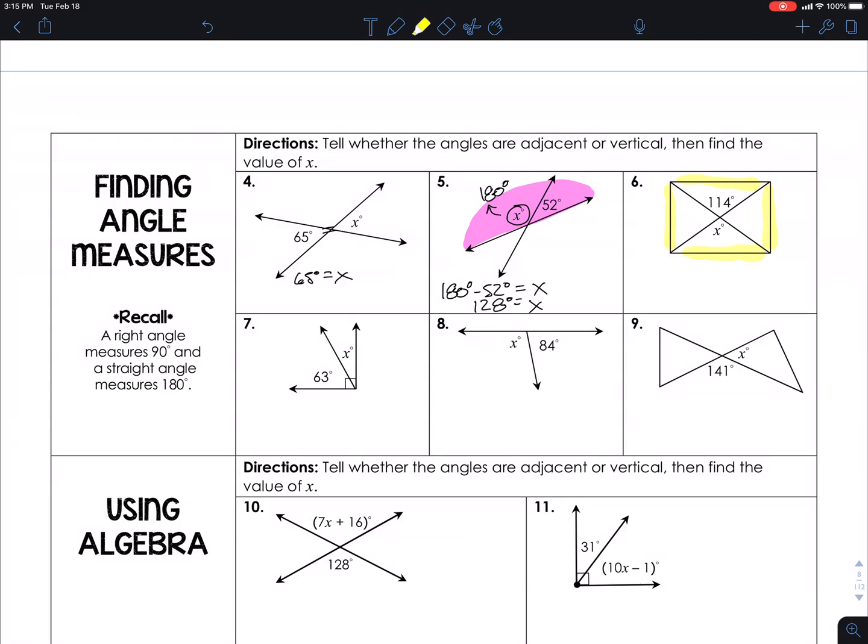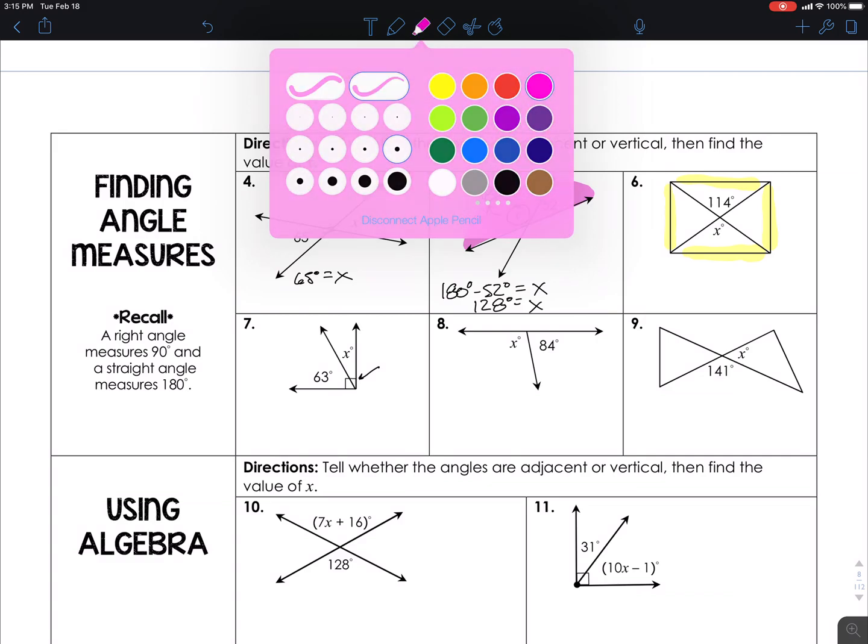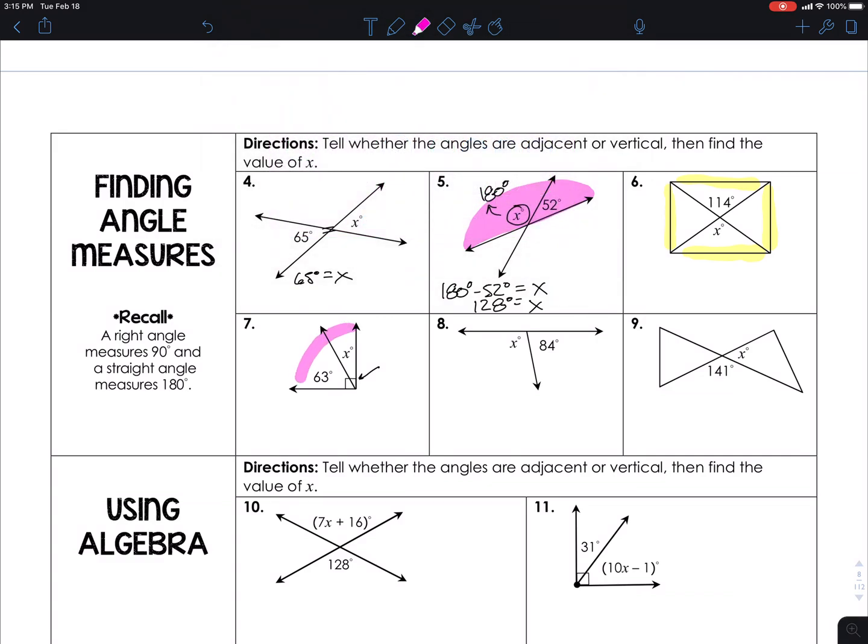I'm going to do number 7 for you. Number 7, remember from yesterday, that little box means this is a right angle. So that means this whole thing is 90 degrees. Again, that's the whole.